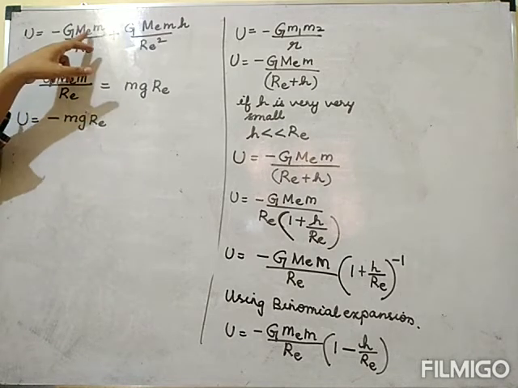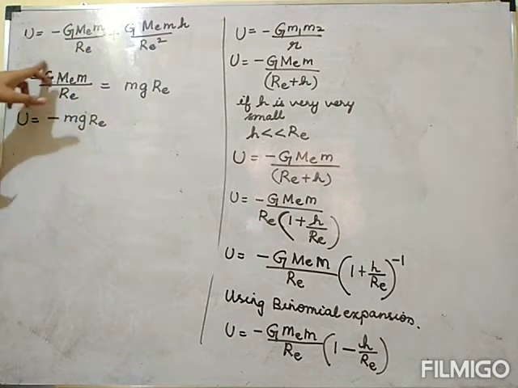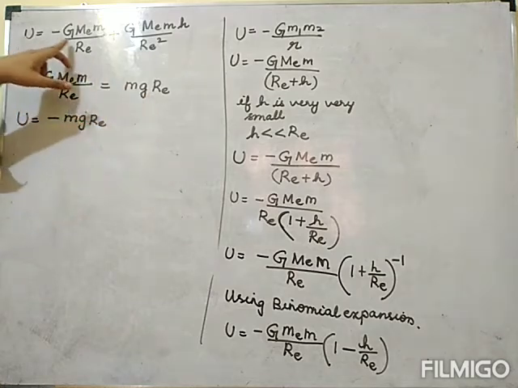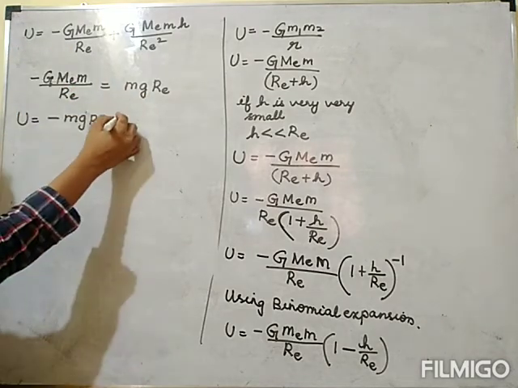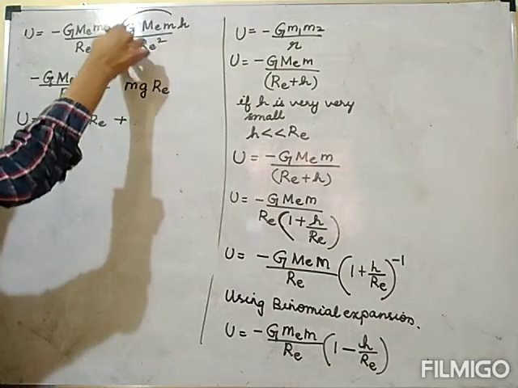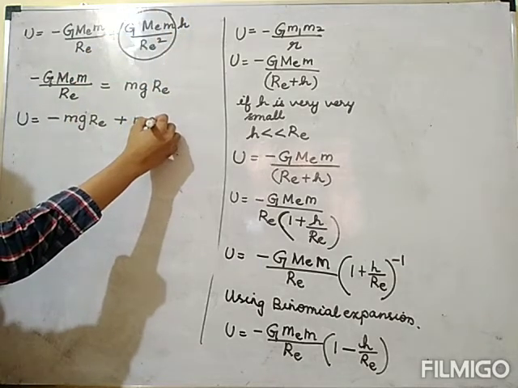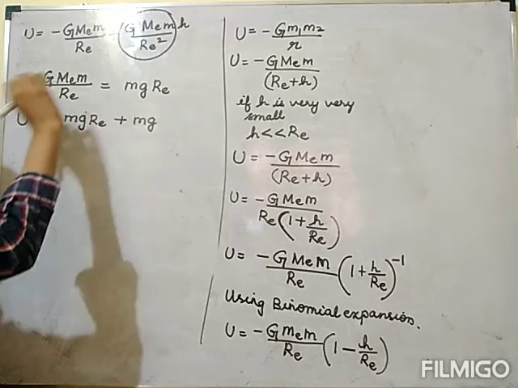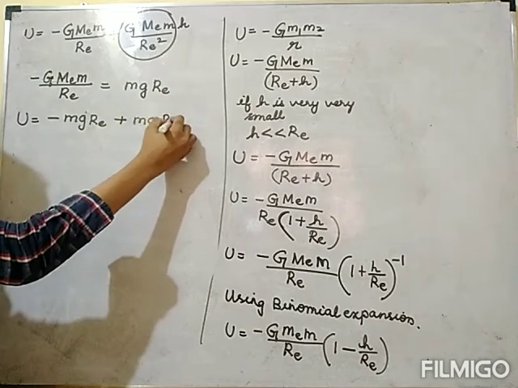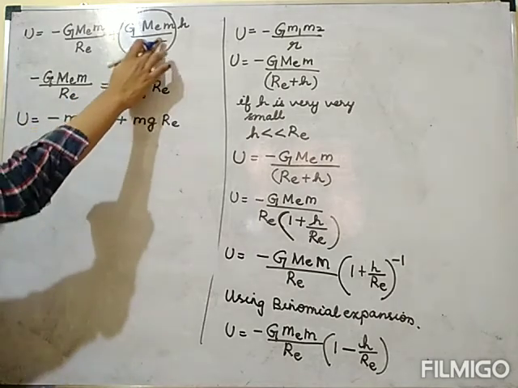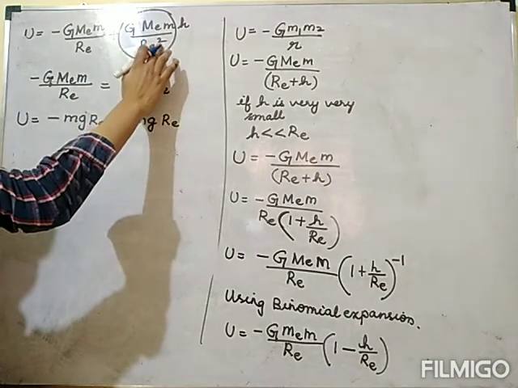Okay. Minus mg Re, instead of this I am going to write this. So minus mg Re plus G, instead of this I will be writing mg Re square. Here Re square is there. Re square means what?